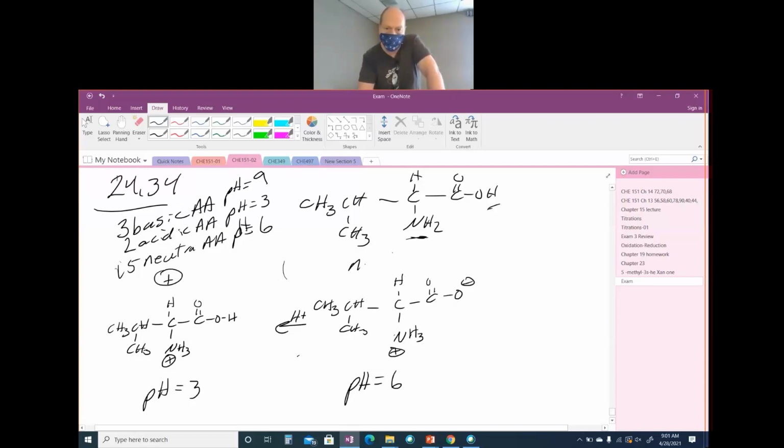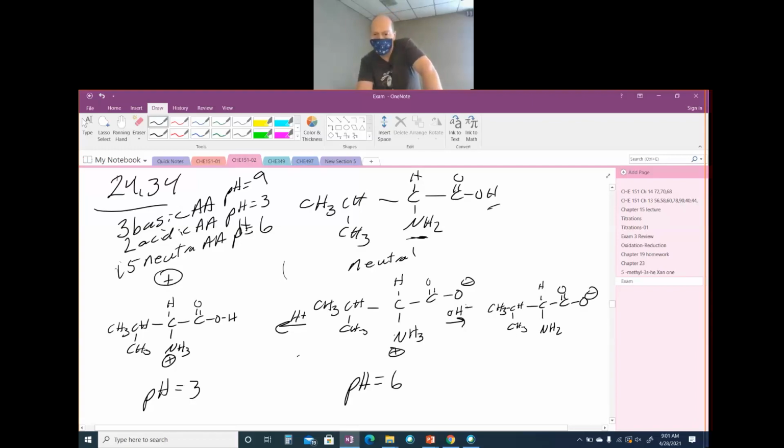This is neutral. Now, if you stick it in base, sodium hydroxide, the OH minus is going to take off your acidic hydrogen here. Then you're back to your NH2 here, but you still have your O minus here.